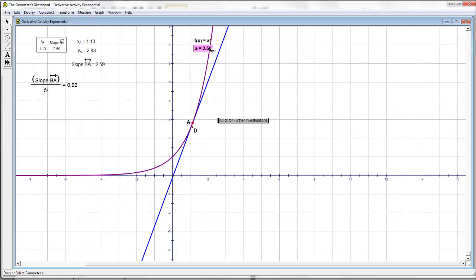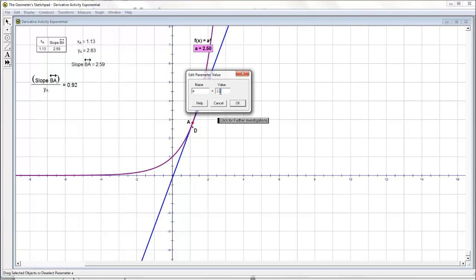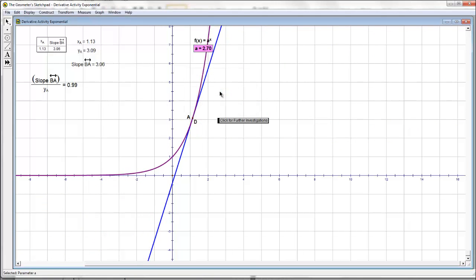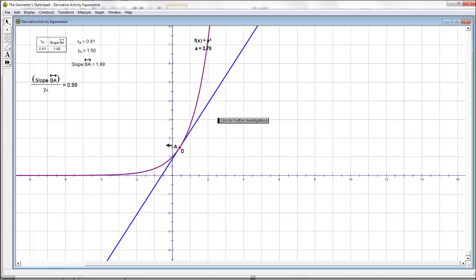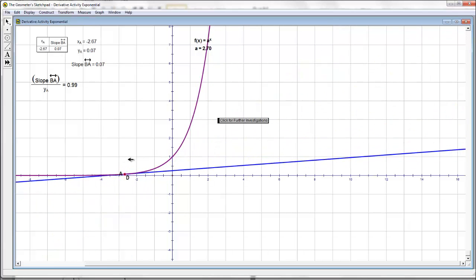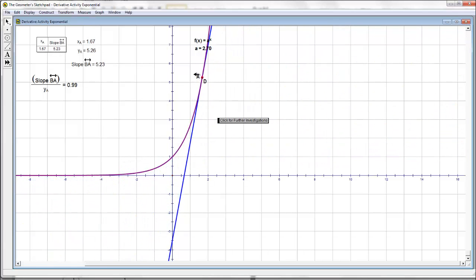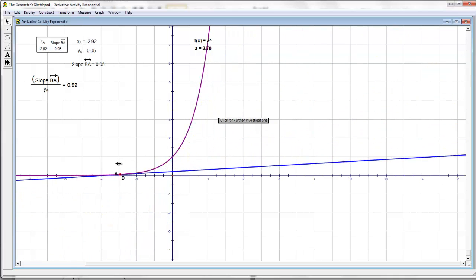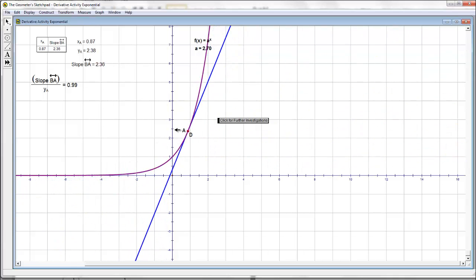I'll change this again to get a little bit closer still. And here the ratio is 0.99, which is much greater. Notice that the derivative is actually very, very close to being right on the actual function itself. Thus would explain this ratio of 0.99.